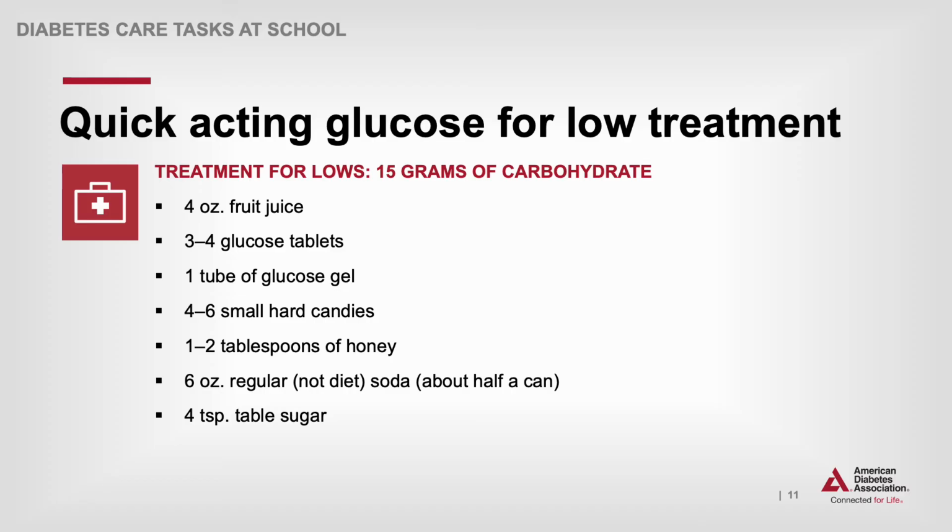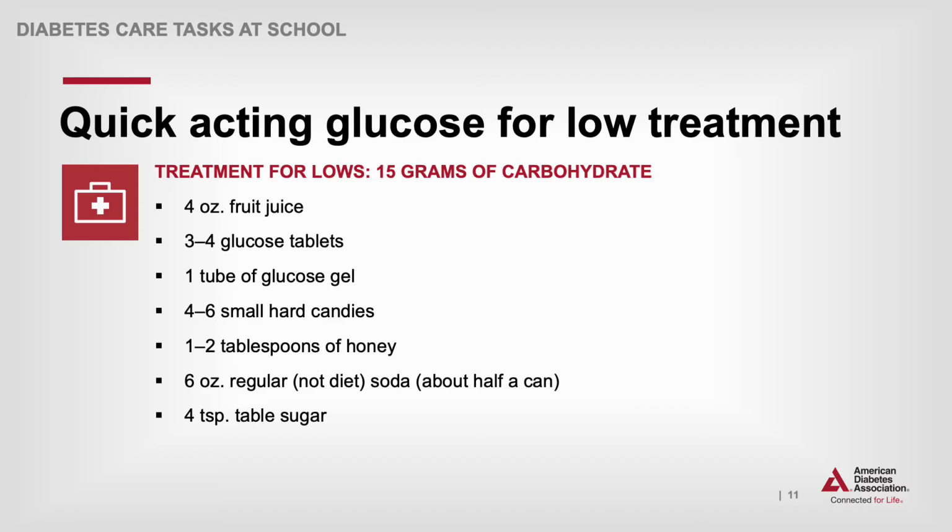Examples of quick-acting forms of glucose include 4 ounces of fruit juice, 3 or 4 glucose tablets, 1 tube of glucose gel, 4 to 6 small hard candies, 1 to 2 tablespoons of honey, 6 ounces of regular soda, 4 teaspoons of table sugar.